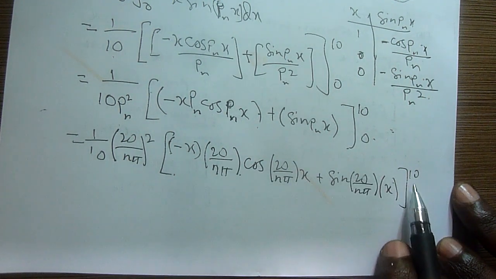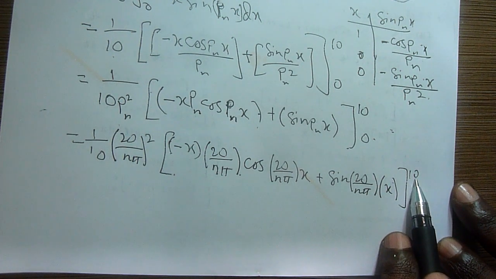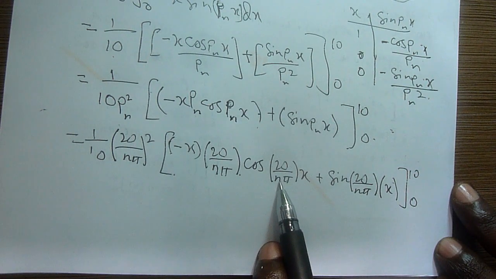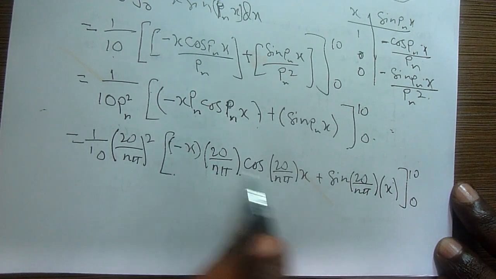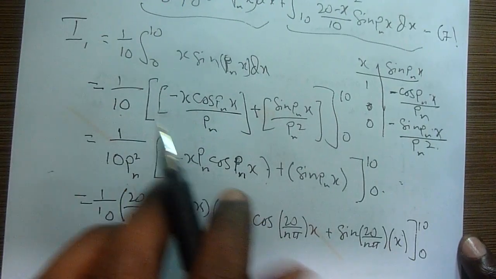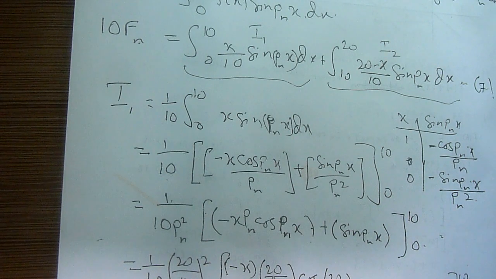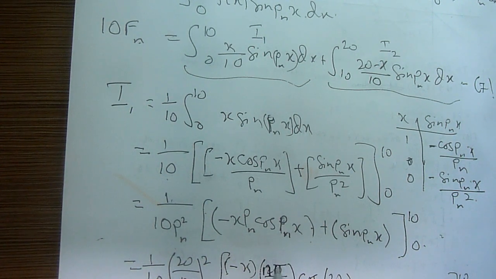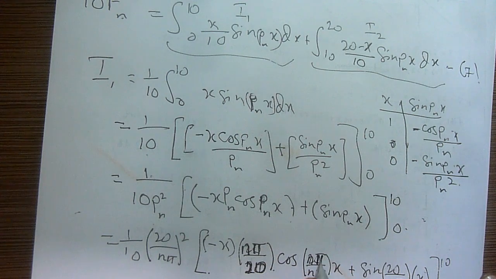Now what can I do? When I substitute this 0 and 10, what is going on here? Something is wrong. Oh, Pn is, oh okay, here is a 1 over Pn, very sorry, n pi, n pi, opposite. Very sorry, this is n pi, that's why I wondered what was wrong.